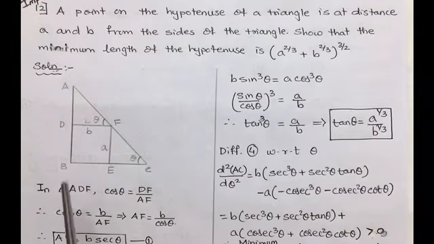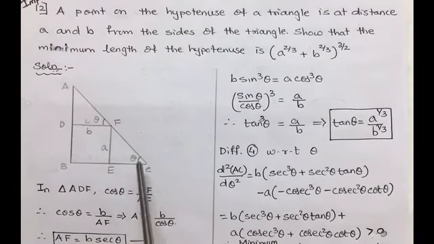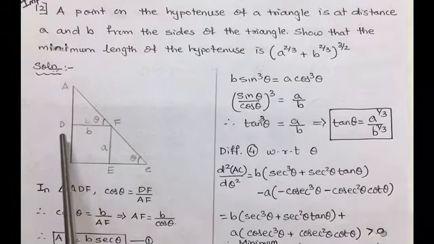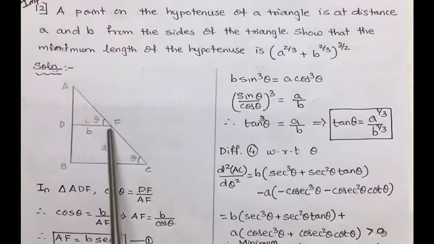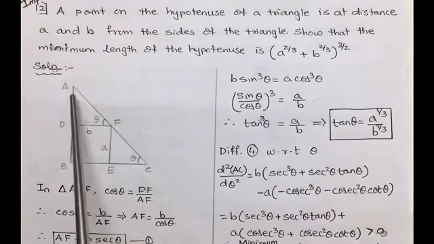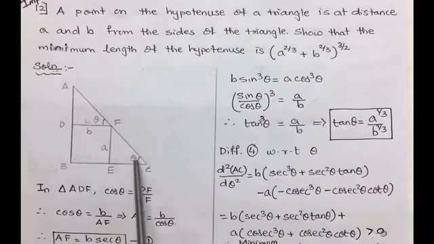Now, how to take up the length of the hypotenuse AC? For that, we have drawn the lines DF and EF. There will be two right angles, ADF and EFC.